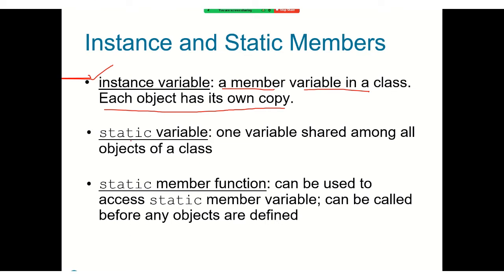Now you can also define static variables. That is one variable shared among all objects of the class. This is a different concept. When we talk about static variables, what we really say is that these variables don't belong to each object separately.